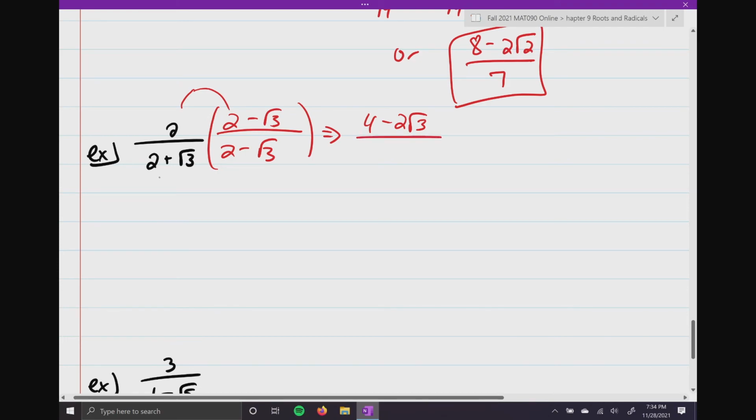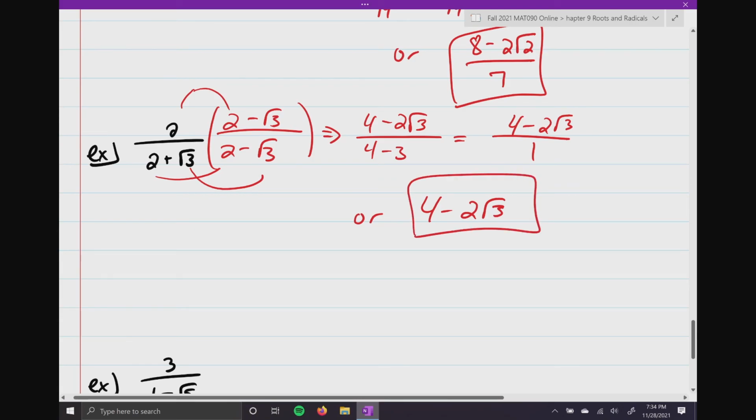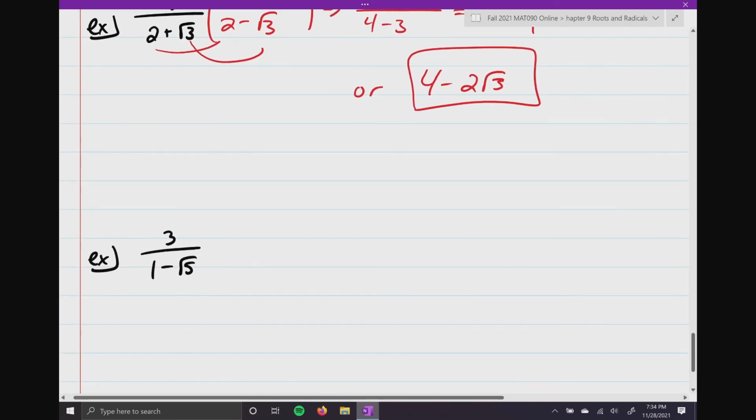We got the conjugates. 2 times 2 is 4. Square root of 3 times negative square root of 3 is minus 3. So we get 4 minus 2 square roots of 3 all over 1, or just 4 minus 2 square root of 3. Okay?